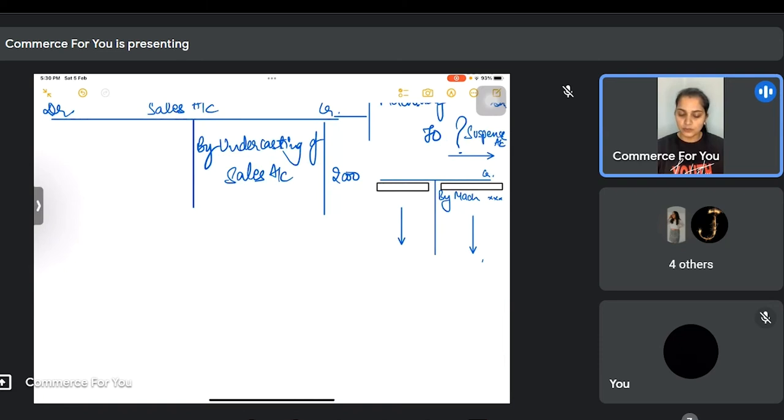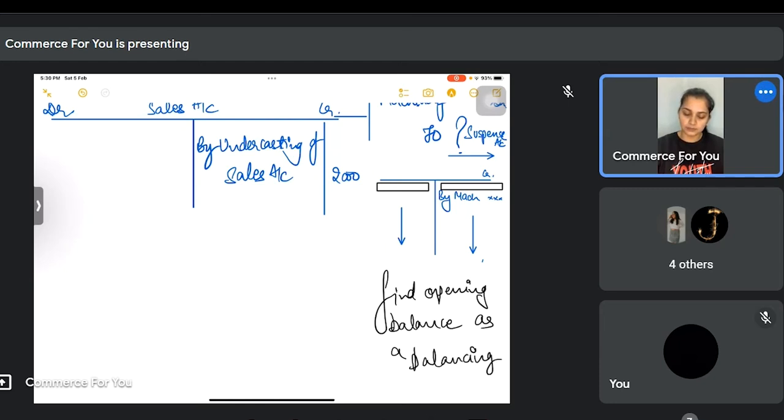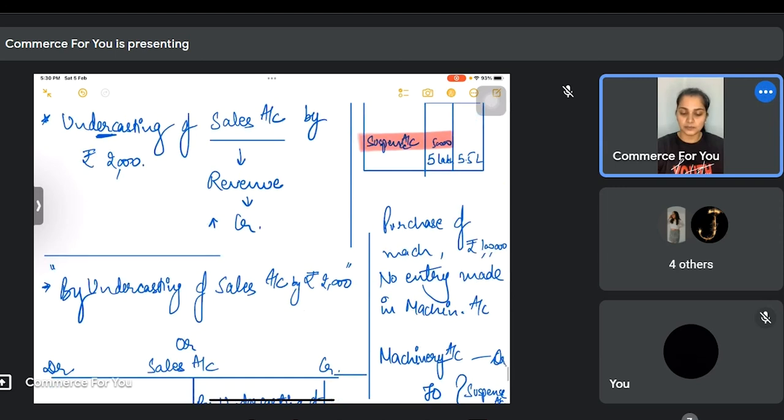So you need to find that as a balancing figure. Okay, and that balancing figure will ultimately be कि आपका ट्रायल बैलेंस बनाते हुए यहाँ पर क्या आया था.